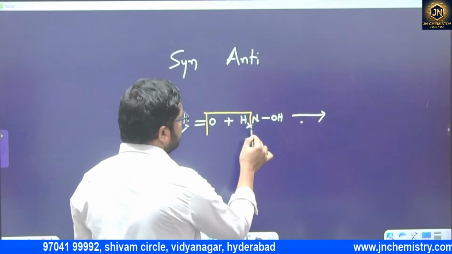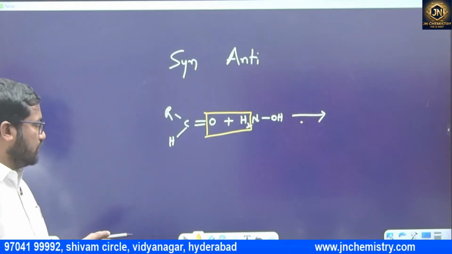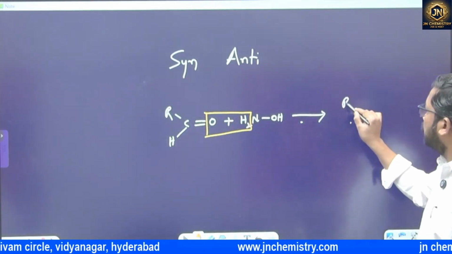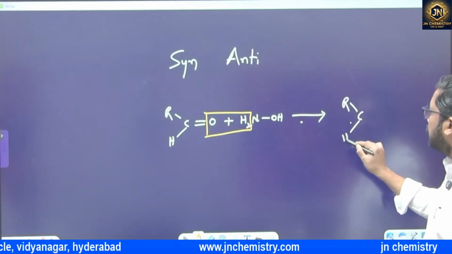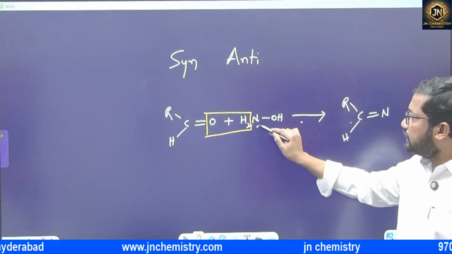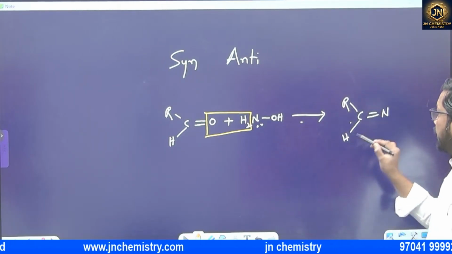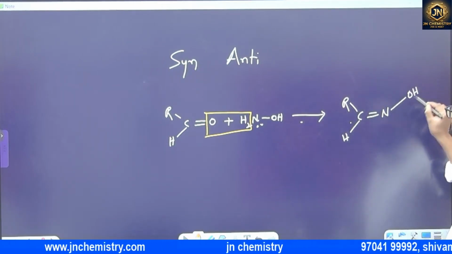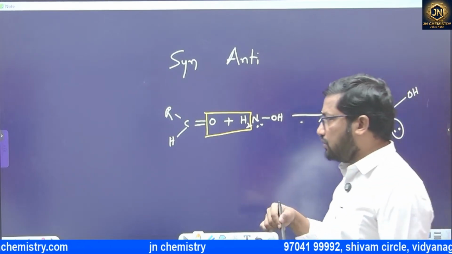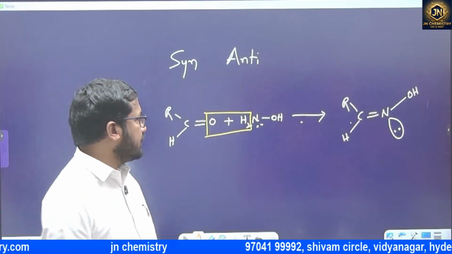Water is lost, and directly I am writing the product: CH double bond N, where nitrogen has one lone pair, and then OH. This we call an oxime.